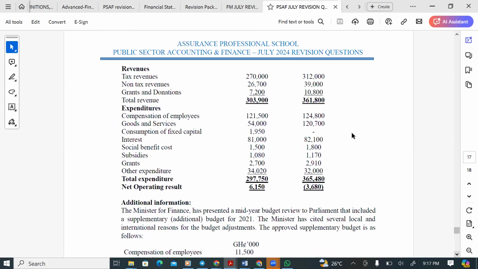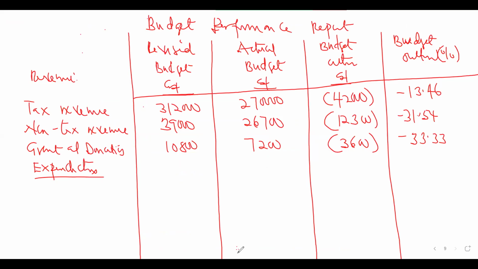The supplementary will be added, and that will increase it. So it will be 136,300. The amount that we budgeted for first was 124,800, but now they realize that this amount will not be enough, so they have to submit a supplementary budget.